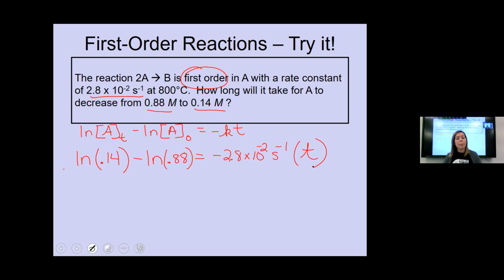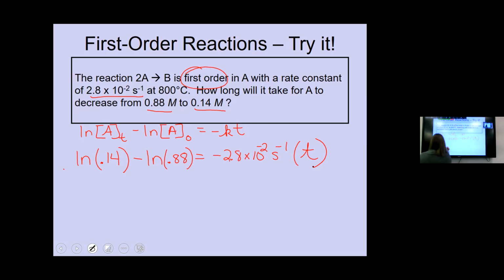So now we just pick up our calculators and do a little bit of math. So natural log of 0.14 minus the natural log of 0.88.